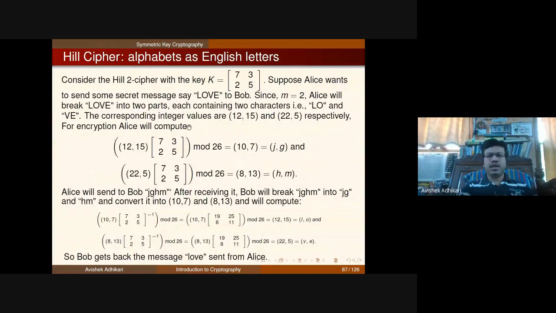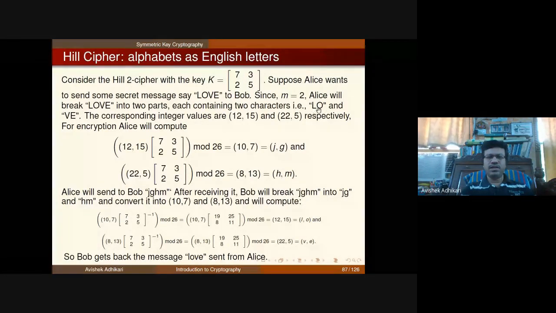Suppose the key is this, and suppose the plain text is LOVE. Depending on the number of rows or columns, you divide it into LO and VE. LO corresponds to 12 and 15, then multiplied by this matrix modulo 26, you get this value.